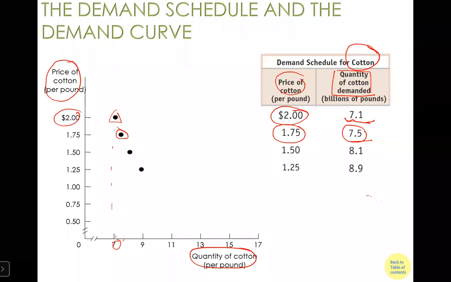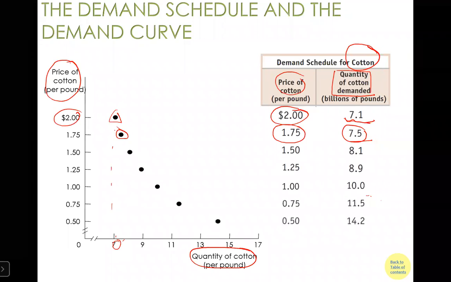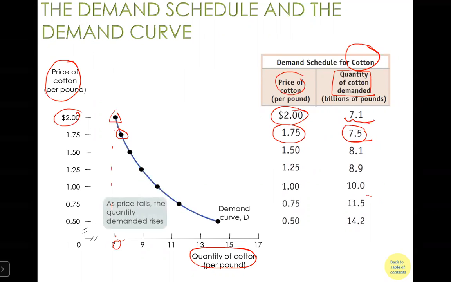You're going to see that as the price keeps declining, the quantity demanded will increase. And finally, if we connect those dots together, we have a demand curve. The demand curve says as price falls, the quantity demanded rises.